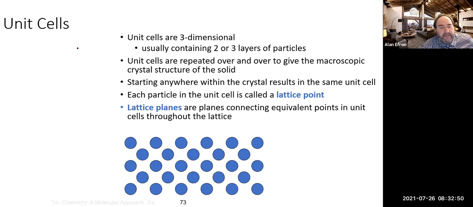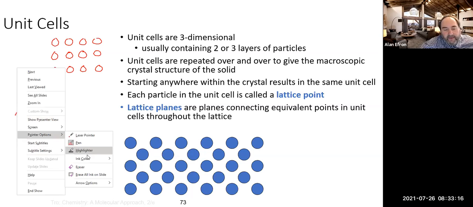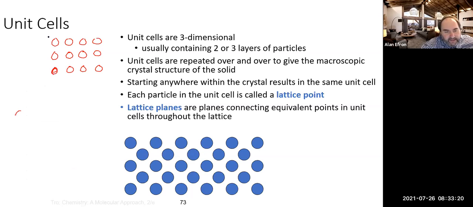Let's say we had a solid that arranges itself like the circles we have on the bottom there. These circles come together in this solid form, in their 3D structure. Now you may be thinking that if I wanted my unit cell, I would grab something like this.